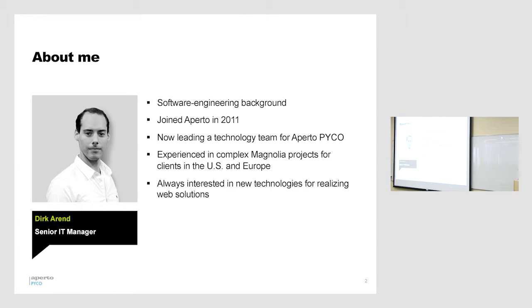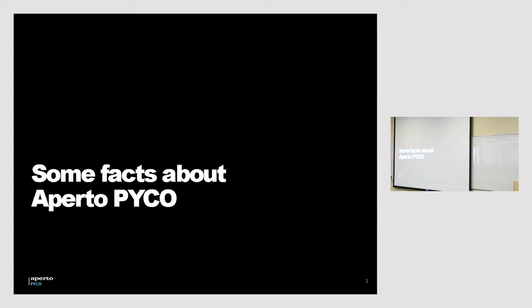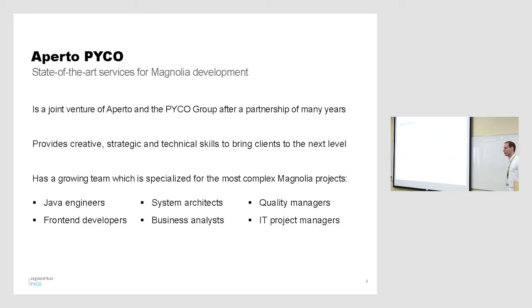And what is Aperto Pico? It's a joint venture of Aperto, one of the biggest Magnolia partners, with more than 50 successfully implemented Magnolia projects in the last 10 years, and the Pico Group, which is highly experienced in designing and developing digital solutions for worldwide clients.